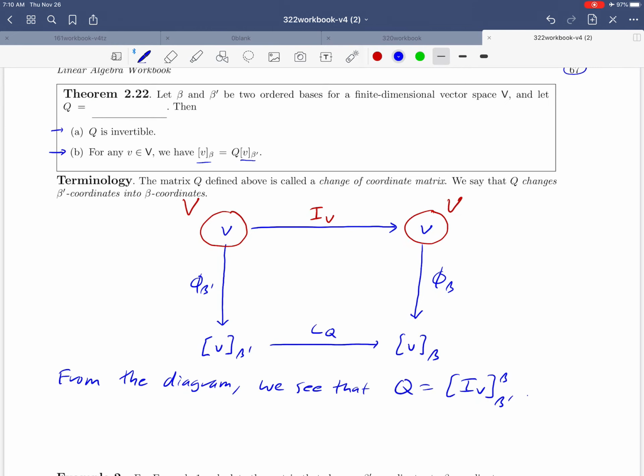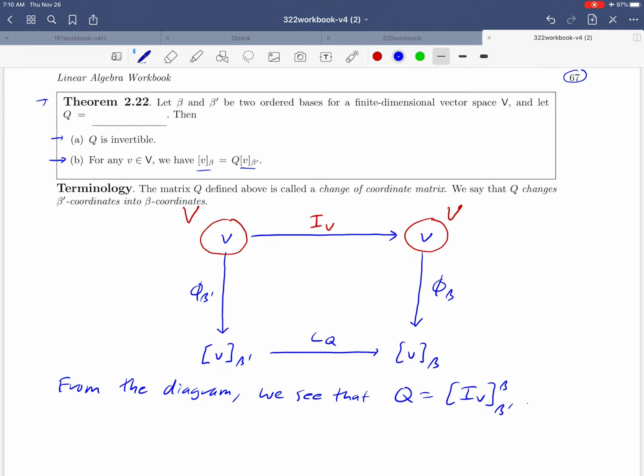Let's go back up to our theorem at the top and fill it in. So Q is the matrix of I_V taking us from beta prime coordinates to beta coordinates. And in the next video, we will actually do an example where we calculate this matrix that we just wrote down a formula for.